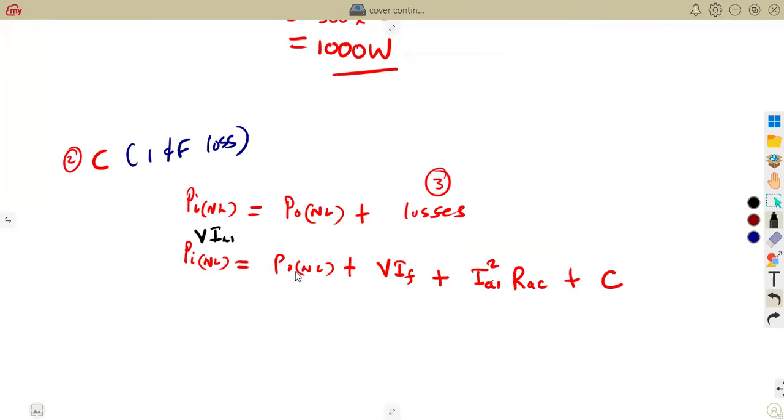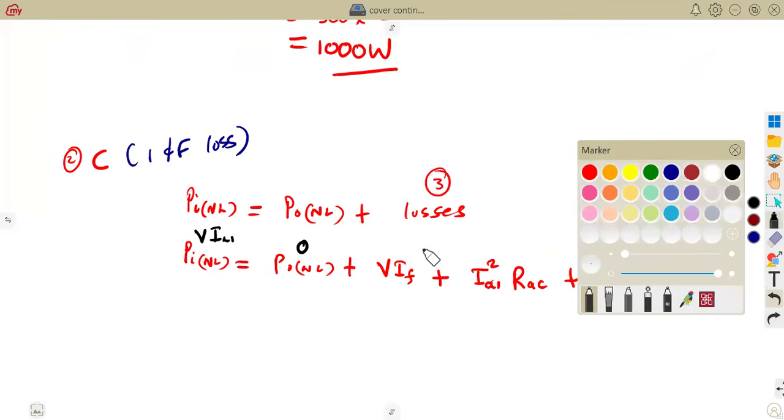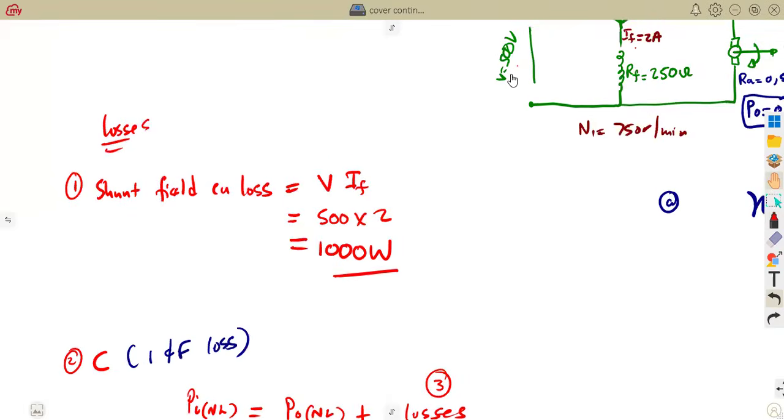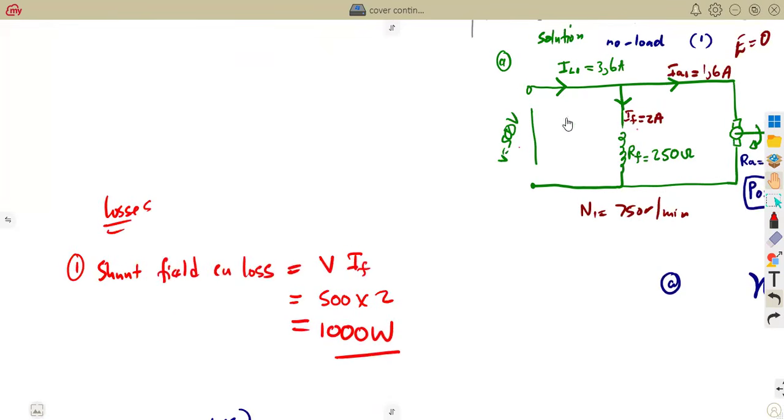Remember, at no load, the output is 0. So just a matter of substituting, guys. All right. So let us substitute voltage times current. Remember, our voltage is 500. At no load, the current is 3,6, which is the load current that we are having there.